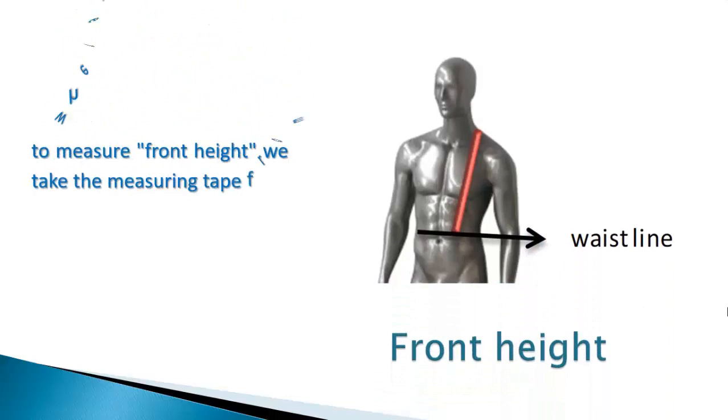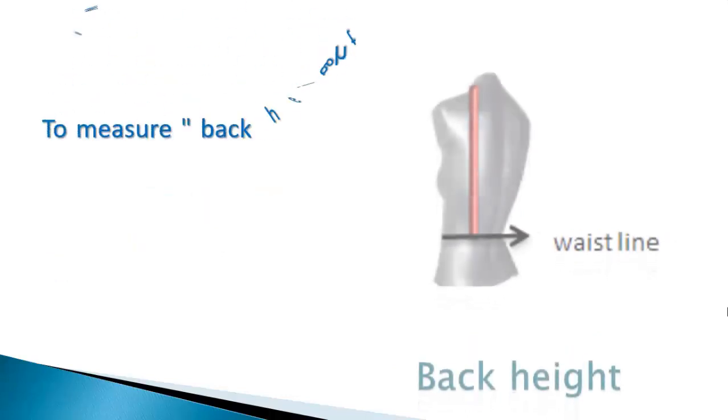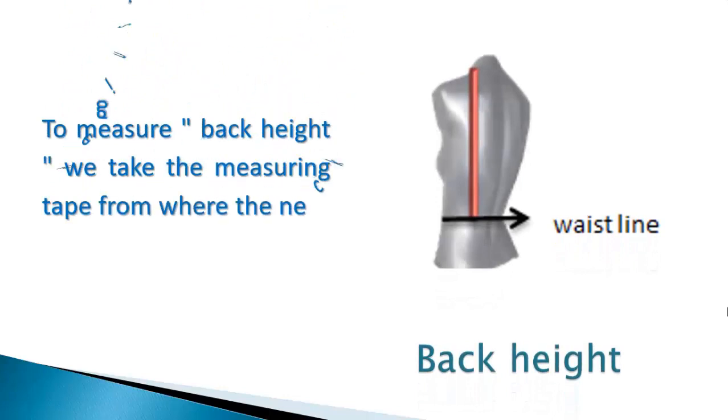To measure front height, we take the measuring tape from where the neck begins until the waist, passing the tape over the bust. To measure back height, we take the measuring tape from where the neck begins to the waist.